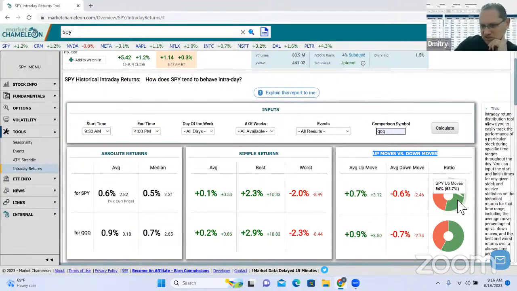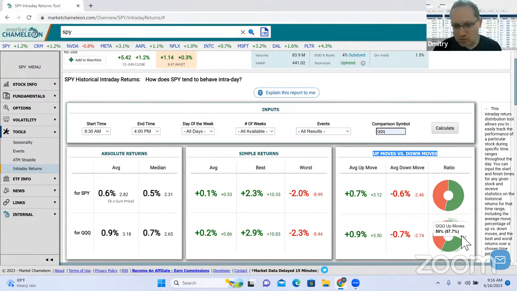Well, here we see 53% of SPY moves were up. Let's say 54 versus QQQ, 57 or almost 58%. So QQQ had more frequent up moves than SPY in this time period that we're looking at.